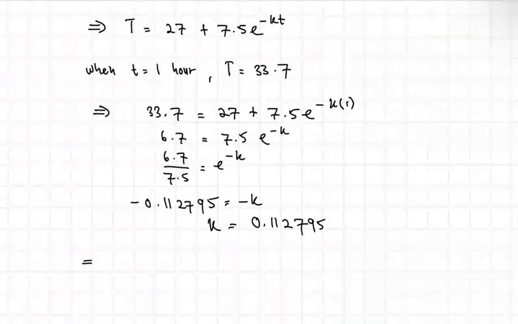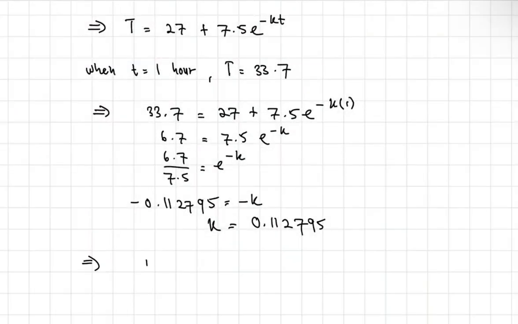So we have the full equation: T equals 27 plus 7.5 e to the power of minus 0.112795 multiplied by t.